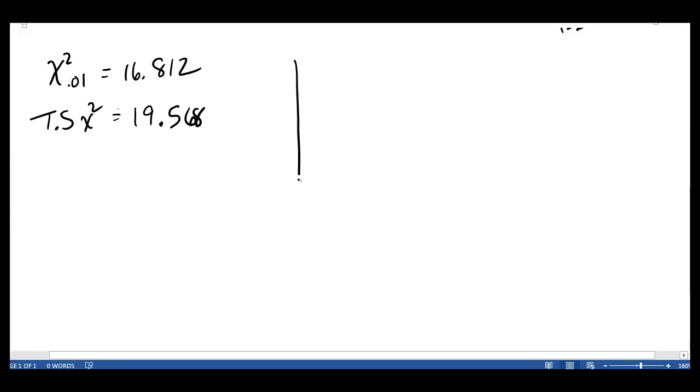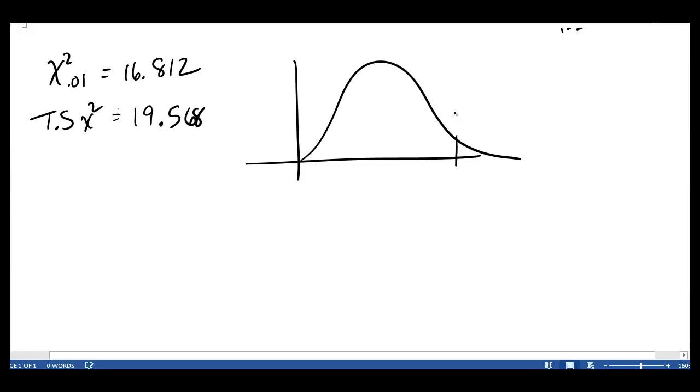Now this is not a normal curve, of course, it is skewed, so that's why it's chi-squared. If, let's say this was our chi-squared at 0.01, this is our 16.812, you can clearly see that your test statistic falls in the critical region.